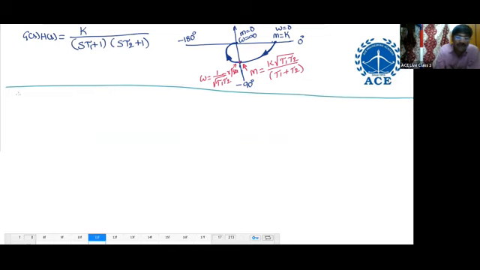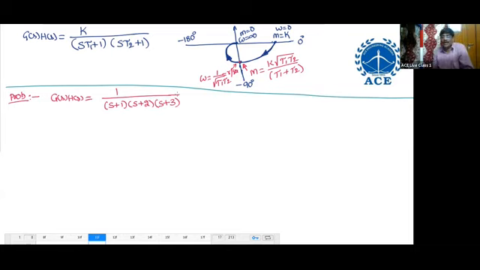Draw the polar plot. Come on, do it. For G of s, H of s equal to 1 by (s plus 1), (s plus 2), (s plus 3).